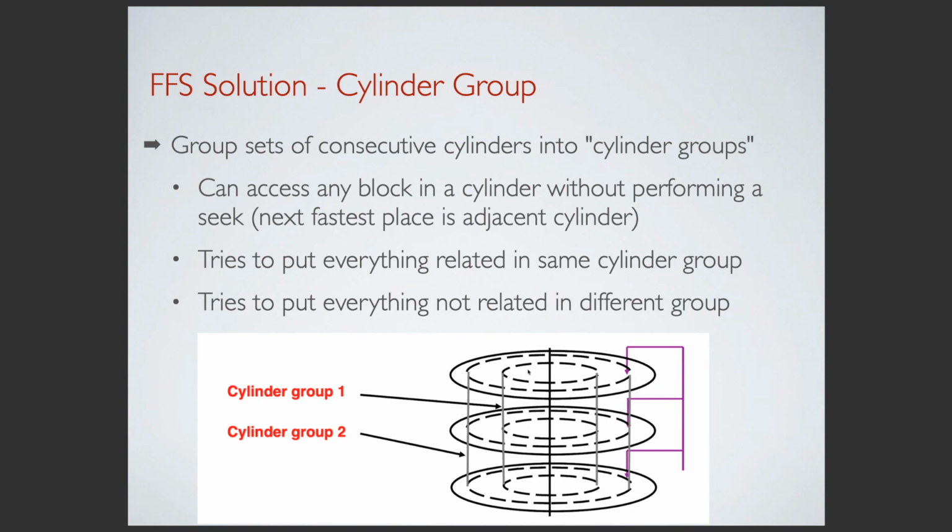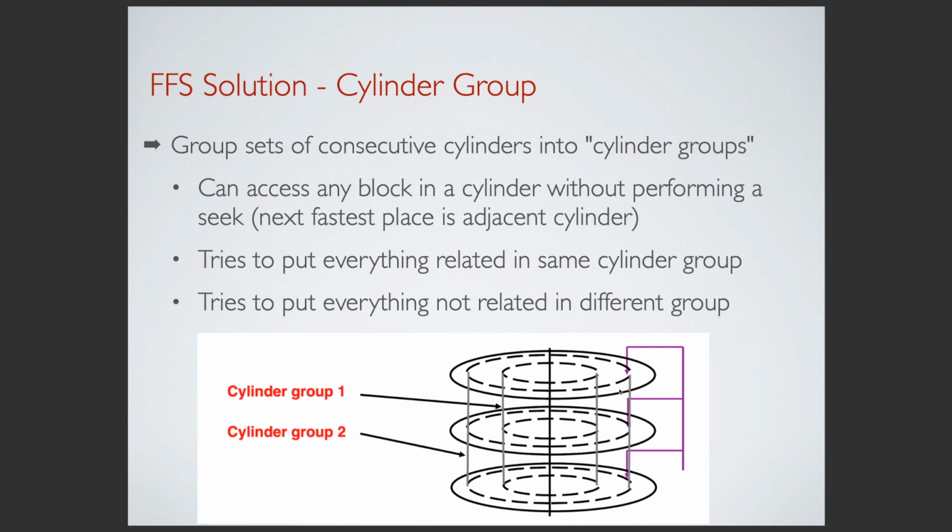The other thing is that the disk rotates here. So as the disk rotates, without moving the arm, you're going to read all the sectors that are on the same track. Remember, there is a concept of track here. So all the sectors around that track, you're also going to read them.